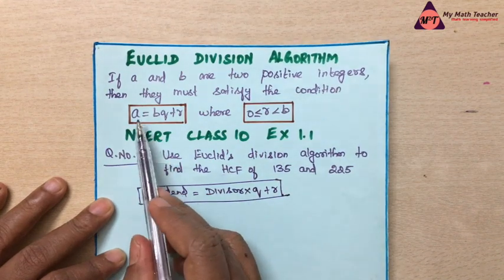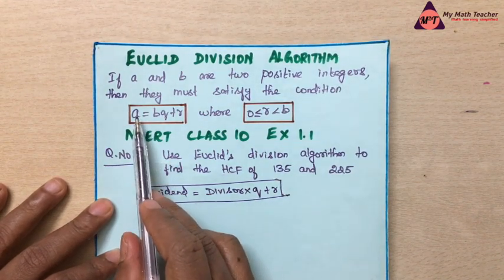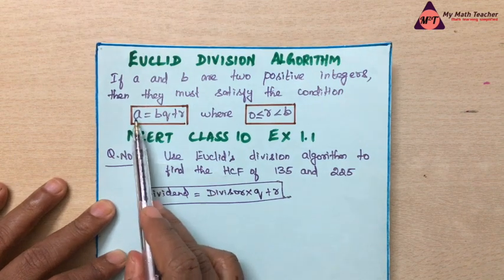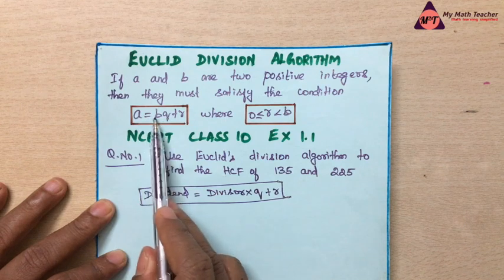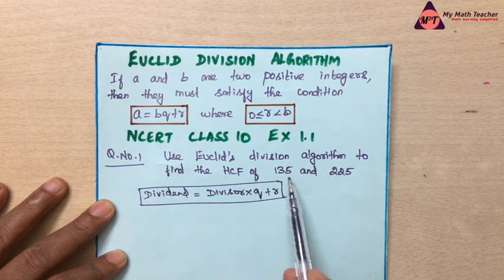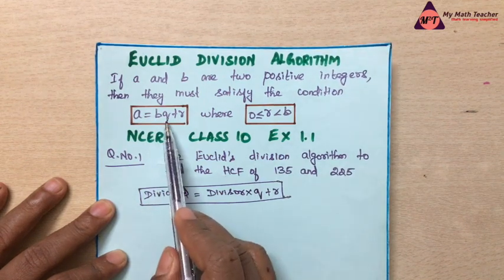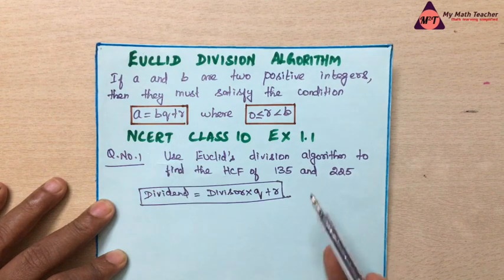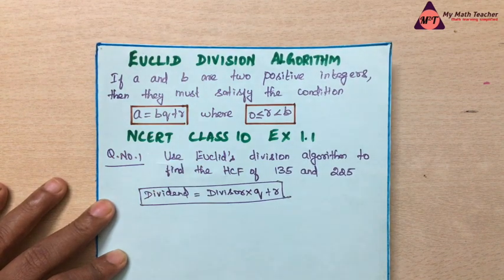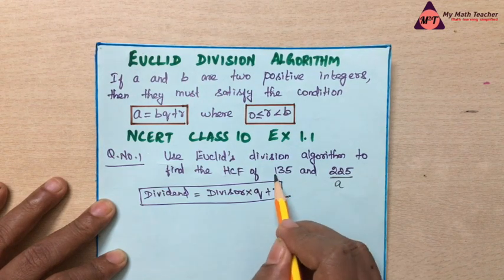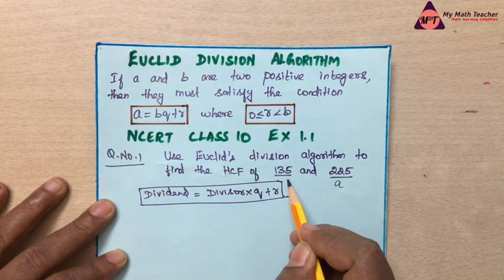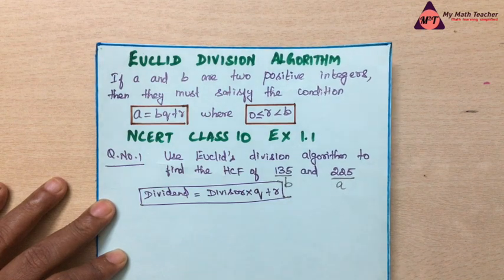The same is mentioned here as A is equal to BQ plus R, where A and B are the two numbers, that is positive integers, Q is the quotient and R is the remainder. Now, here we should take this as A. Why? Because this is the greater number. Here 135 is B, as this is the smaller one.